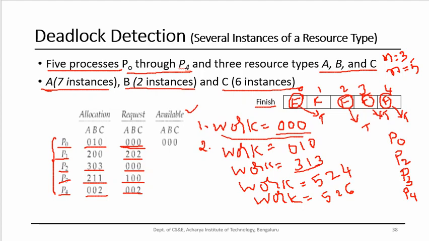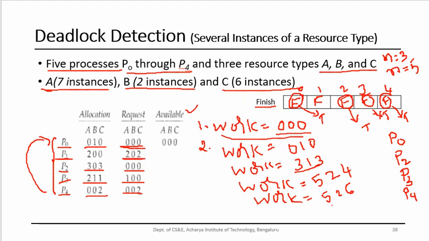Now let's go back in a round robin fashion and see whether we have any i whose finish is equal to false. P0 has become true now, but there is P1 whose finish of 1 is false. And let's see what is its request now. Its request is 202.